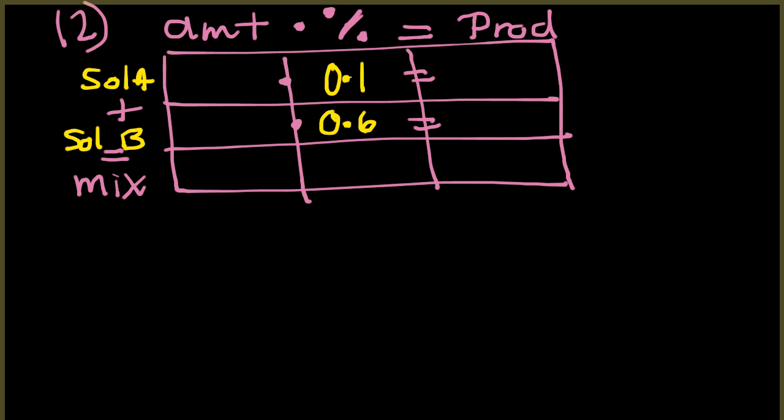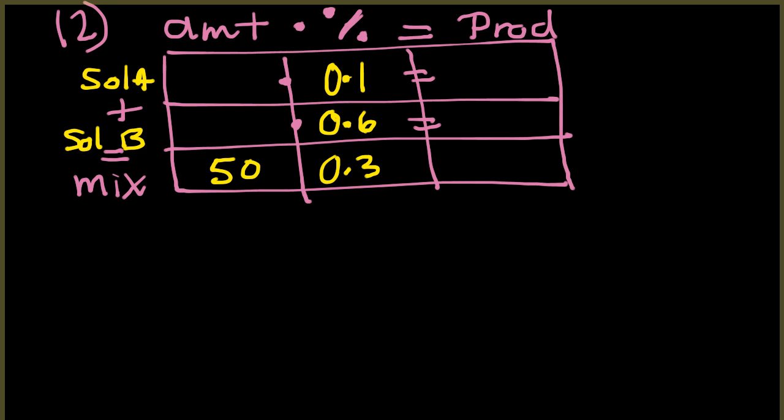Together, how much of each is needed to make a 50-liter 30% alcohol? So the mix is going to be a 50-liter at 30%. So, okay, my percents. And I'm going to make that total 50.